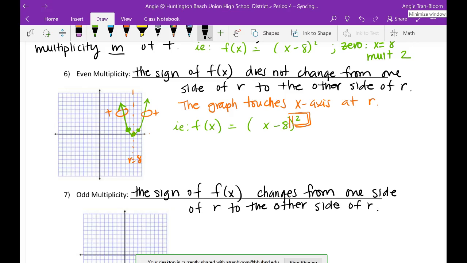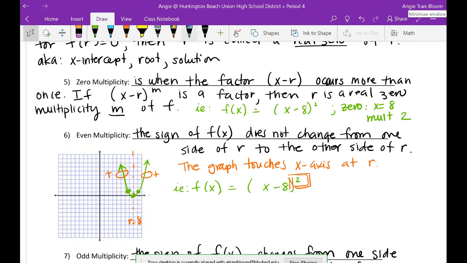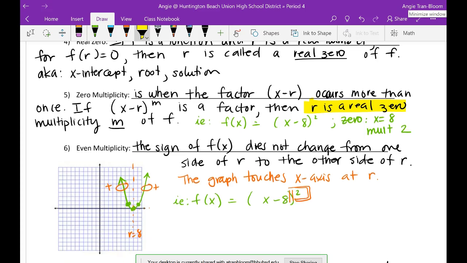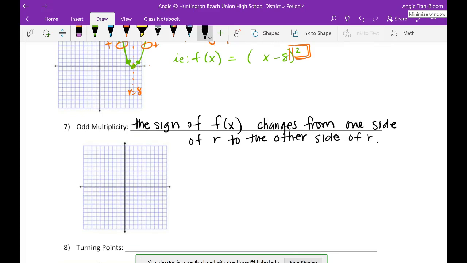Okay. Now, is r always the vertex? R is not the vertex. What is r, class? R is not always the vertex. R is a real zero, like a root, an x-intercept. In this case, it happens to be the same, but it's not always true. Okay? All right.